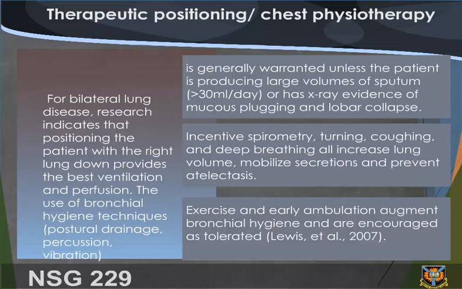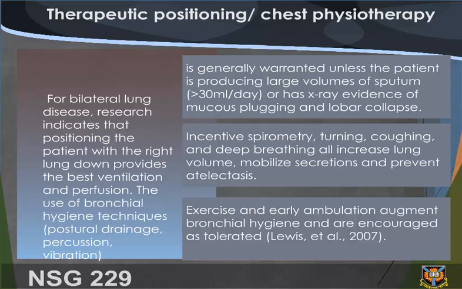The use of bronchial hygiene techniques, postural drainage, percussion, and vibration is generally warranted unless the patient is producing large volumes of sputum, greater than 30 ml per day, or has X-ray evidence of mucus plugging and lobar collapse.